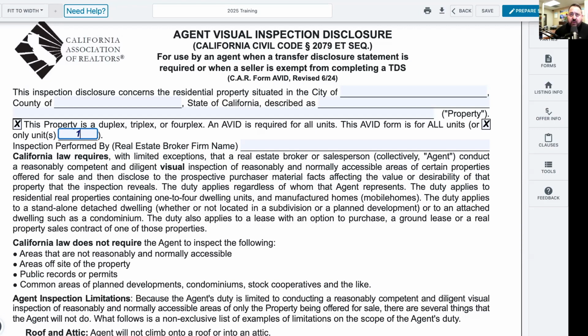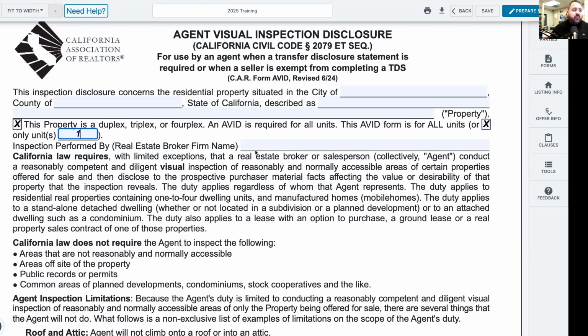And if they refuse, unless you're the landlord, the owner, the housing provider, as they're called now, unless they're going to escalate this to the point where they're going to start eviction processes, you're not going to have access to the property, unfortunately. So we just have to reference in the AVID that whatever the reason was, we didn't have access to the property and could not perform our inspection. There's nothing you can do about that. We can't twist their arm into letting you in. But that's a good question. Thanks for bringing that up, Alba.